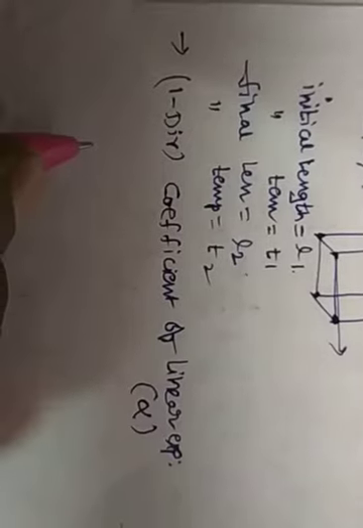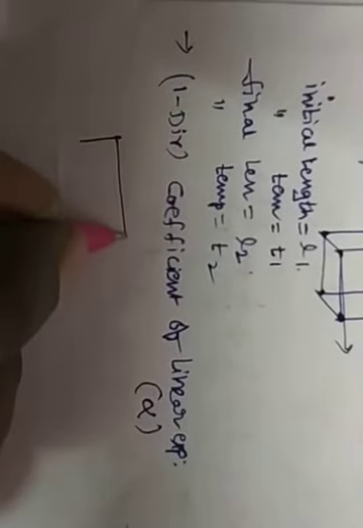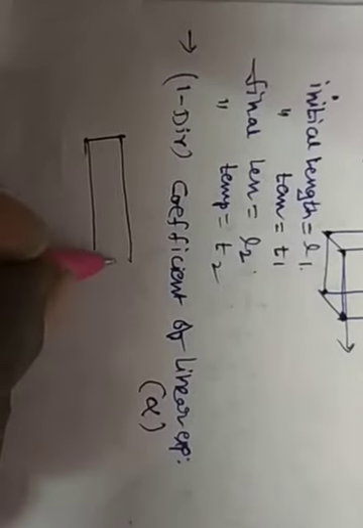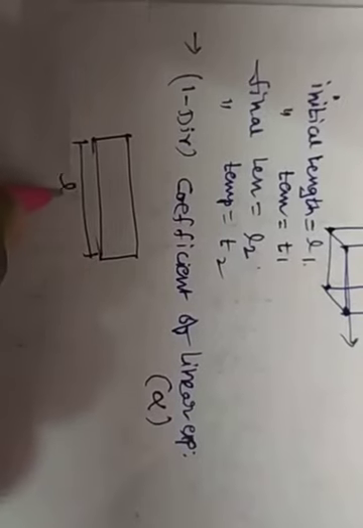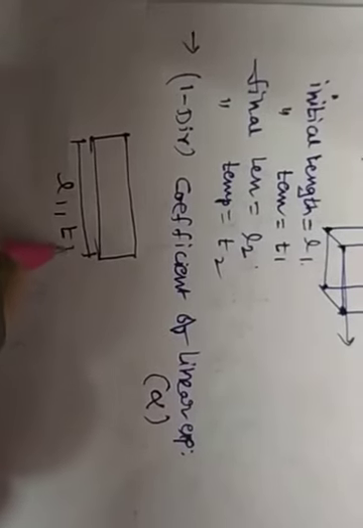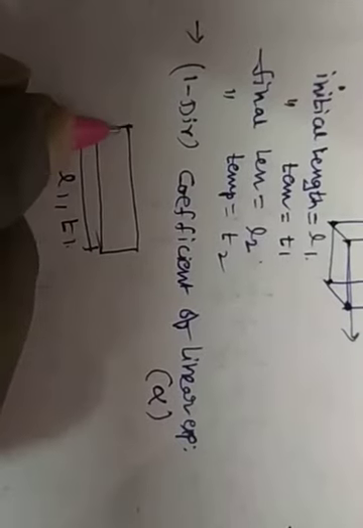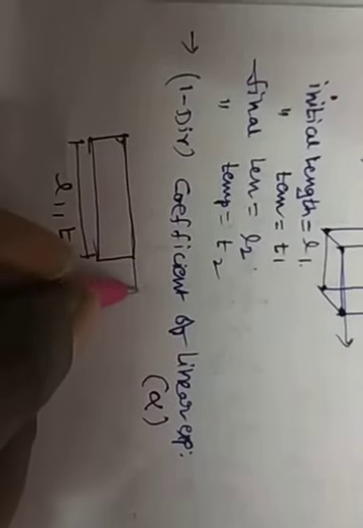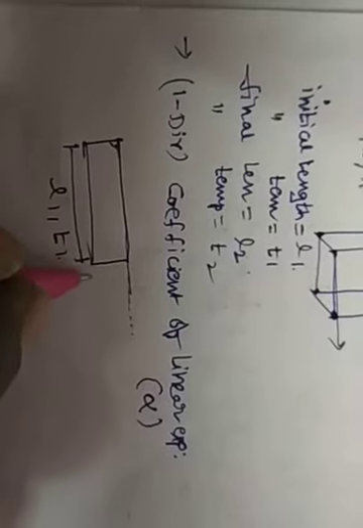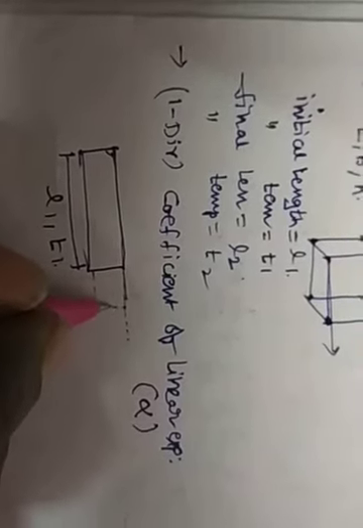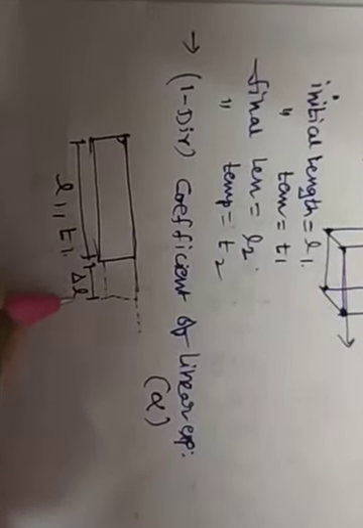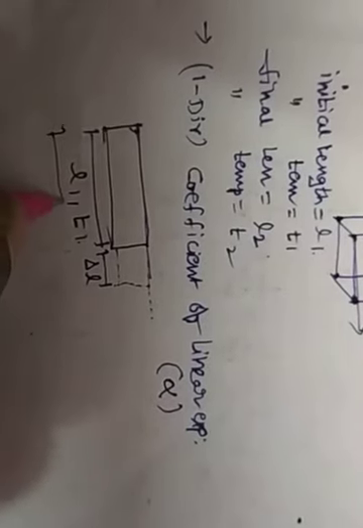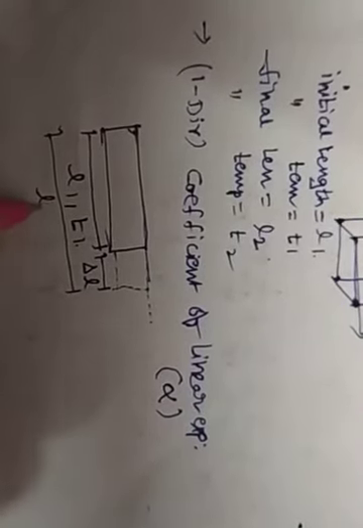To explain this, let us consider a rod of initial length L1 at temperature T1. Now this rod is heated so that it is expanded up to this. This is the change in length. Now this total length from initial point is noted as L2 at temperature T2.